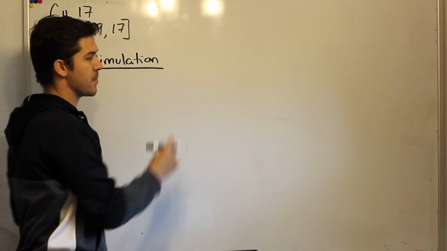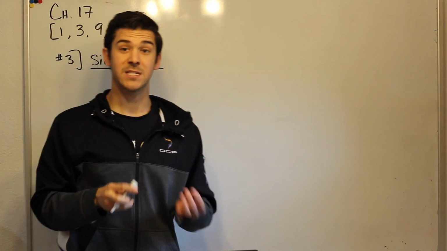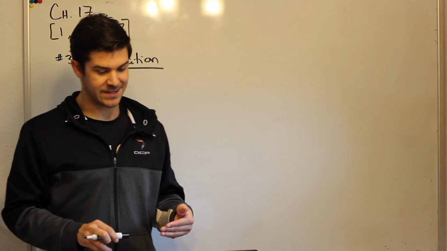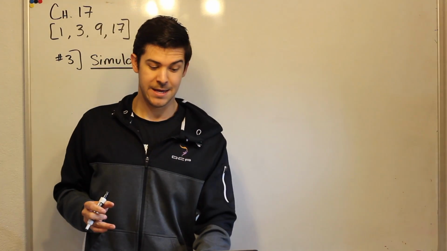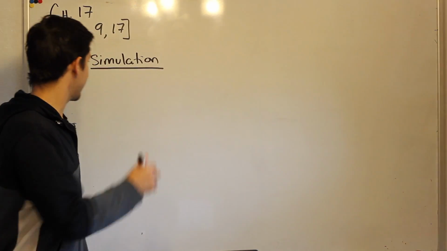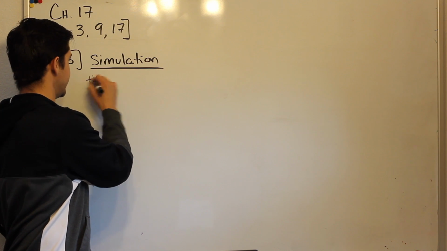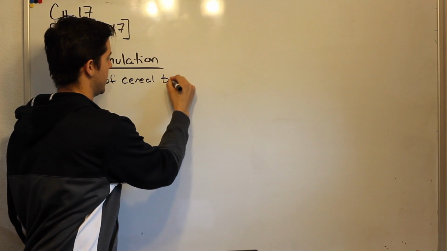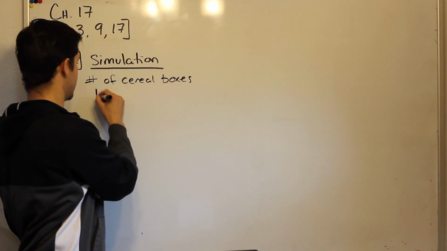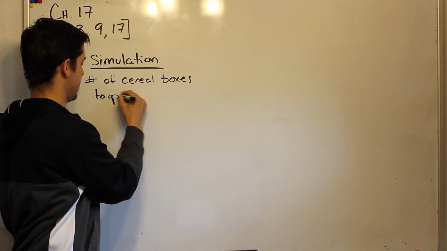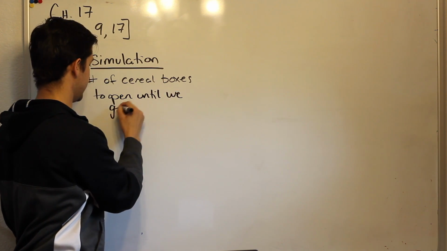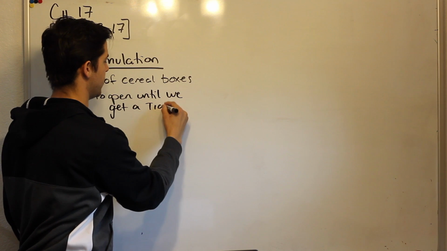If you remember simulations, back when we discussed them in a previous unit, we have to first identify what it is we're simulating. In this case, we're looking at the number of cereal boxes to open until we get a Tiger Woods card.